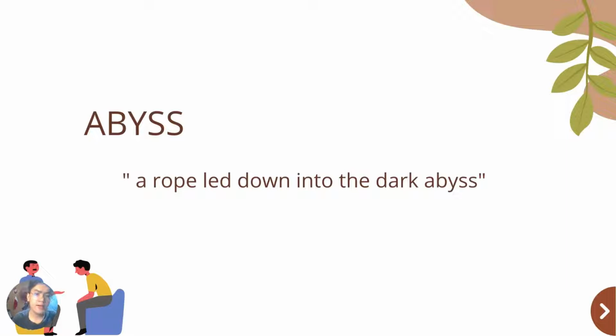So, for example, a rope led down into the dark abyss. The clue here is led down into the dark abyss. It could mean that it is a bottomless pit. It is completely empty. It is a void. It talks about emptiness, nothingness.